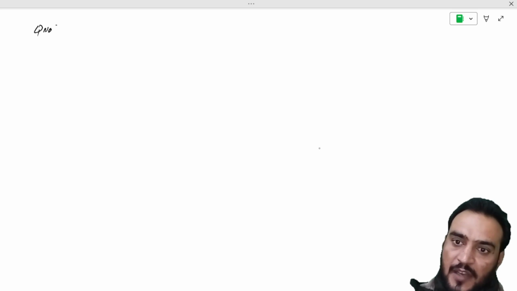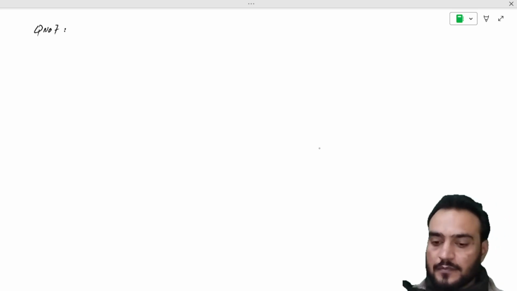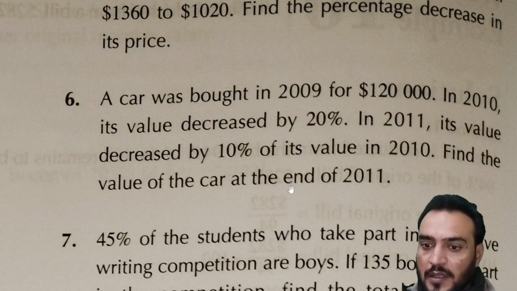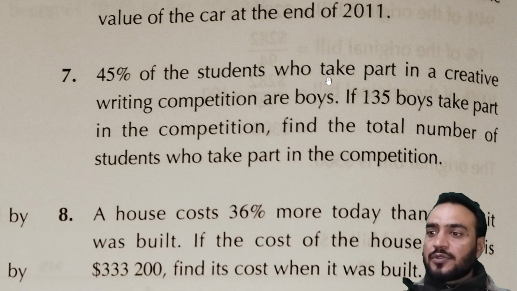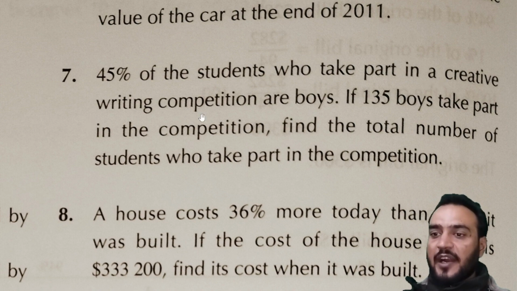And the question number seven is this one. 45% of the students who take part in the creative writing competition are boys. There are a lot of students, meaning 100% of students who have taken part in the competition, but only 45% of them are boys.